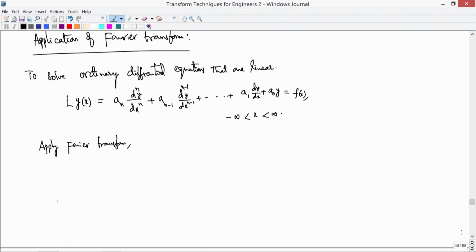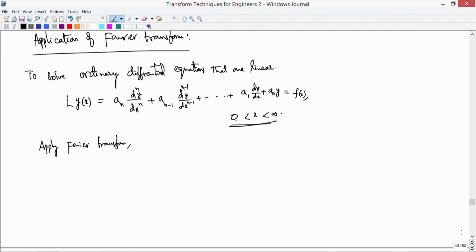For example, if your domain starts at 0, then I apply the Fourier cosine transform or sine transform. Once you have this domain, x equal to 0 is the boundary, and on that you should have the information: n initial conditions, n boundary conditions. At x equal to 0 this is the initial value problem.